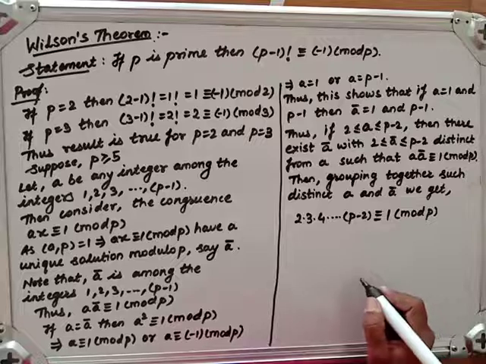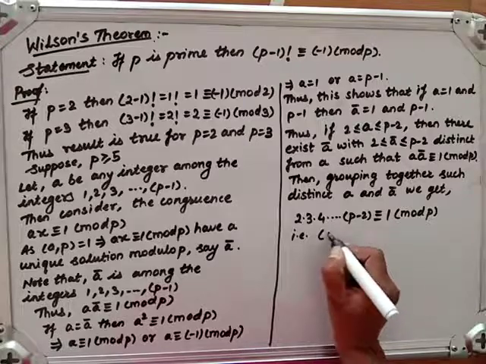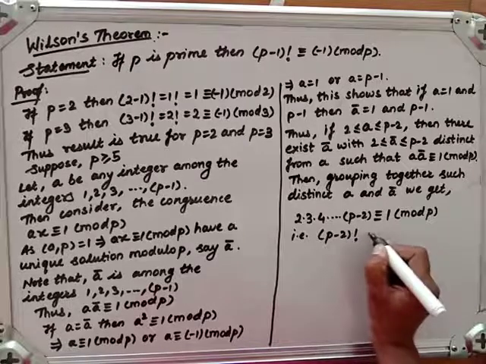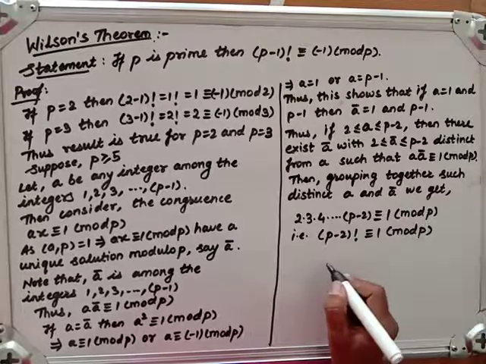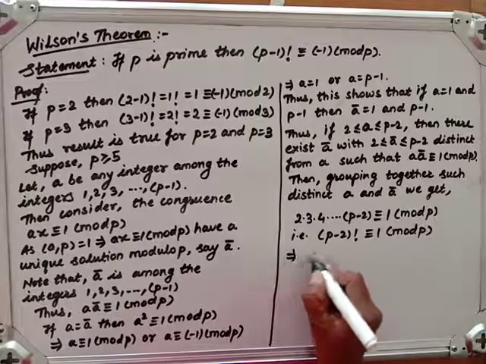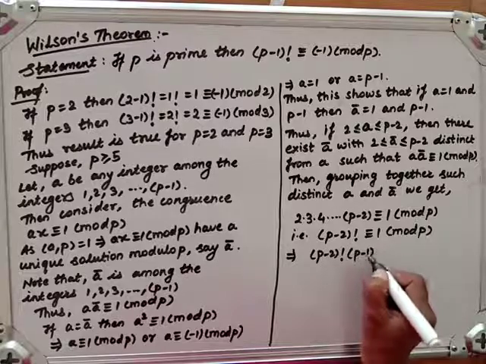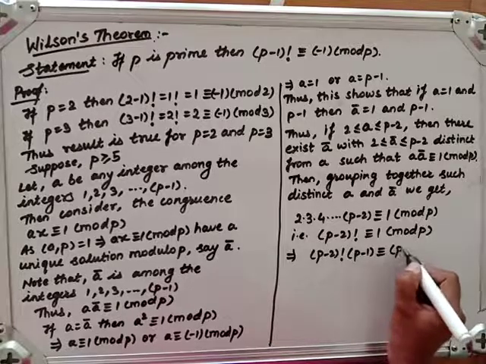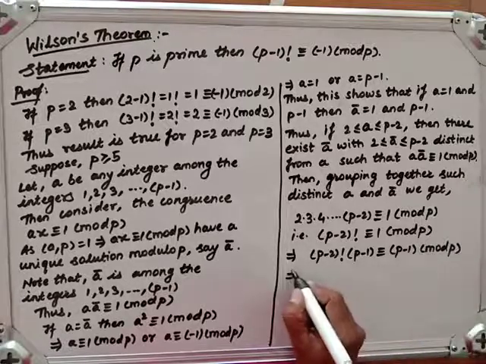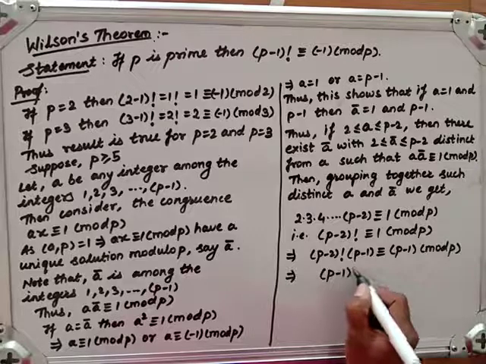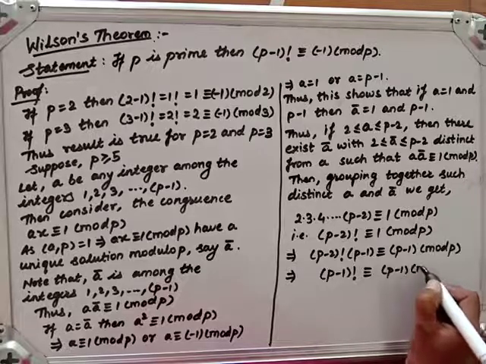That is, this is p minus 2 factorial congruence to 1 modulo p. This gives p minus 2 factorial into p minus 1 congruence to p minus 1 modulo p. That is the same as p minus 1 factorial congruence to p minus 1 modulo p.